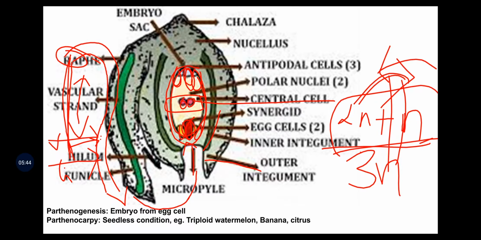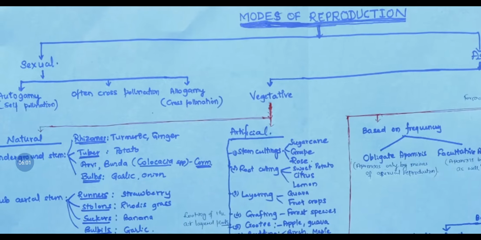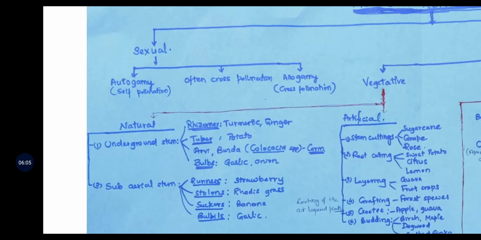So let us move to the actual process of reproduction. The mode of reproduction can be divided into sexual and asexual processes. First, we shall talk briefly about the sexual process. There are three conditions: autogamy, allogamy, and often cross-pollination.